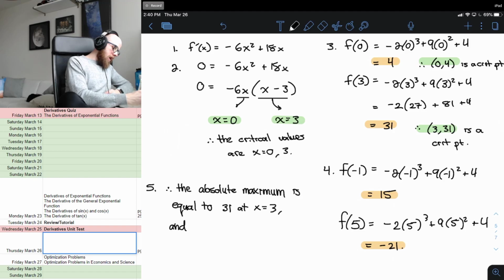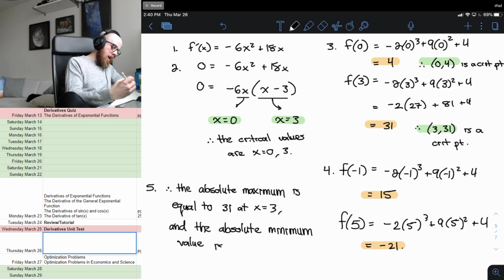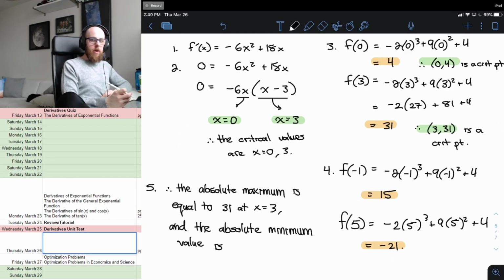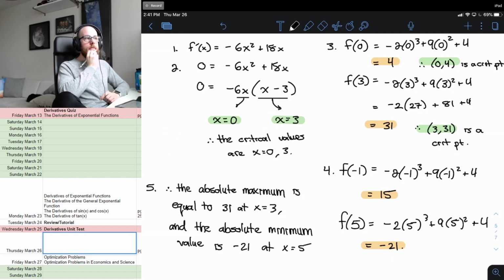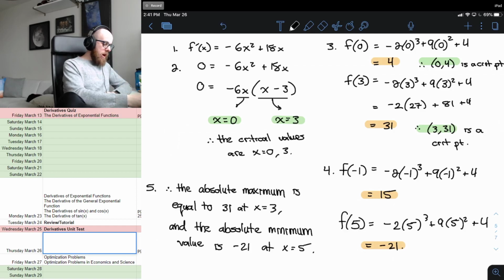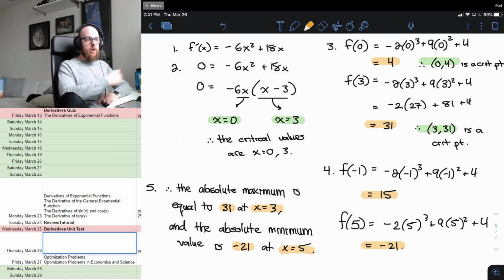And the absolute minimum value is, if I look at my y values, I notice that the minimum value is -21, at x equal to 5. So I found my max and my min, okay? Which is pretty cool. So I've optimized my first function, all right?